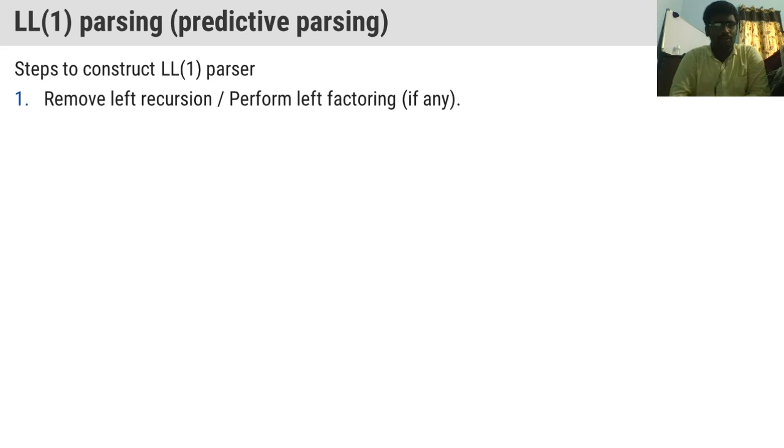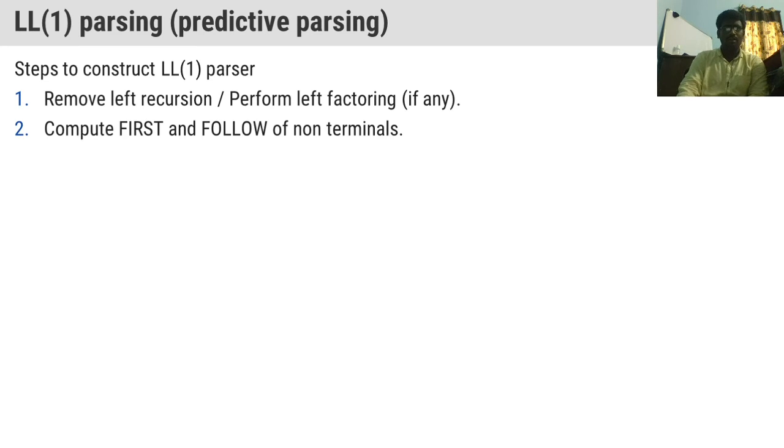After that, we will compute the first sets and follow sets only for the non-terminals. Hope you all know the meaning of non-terminal and terminal. We will find out the first set and follow set for the non-terminals. I will tell you what these first sets and follow sets are, and how to find them.